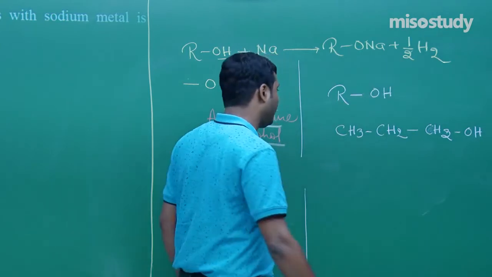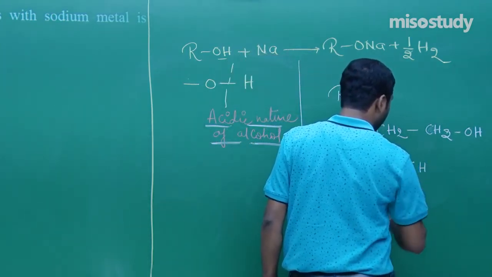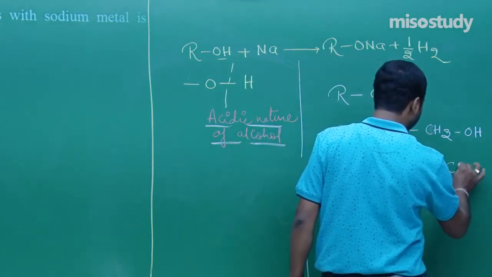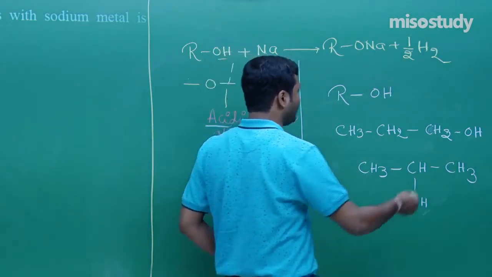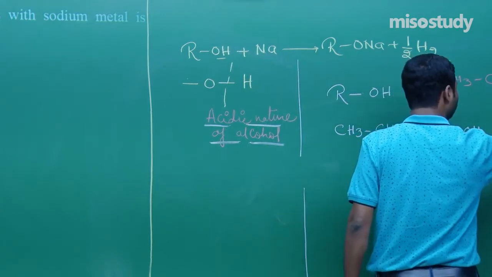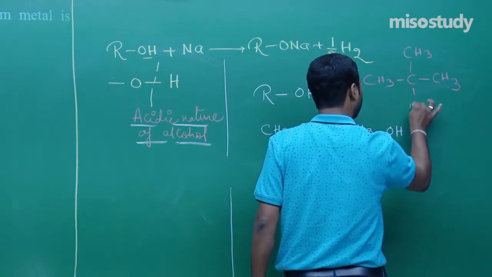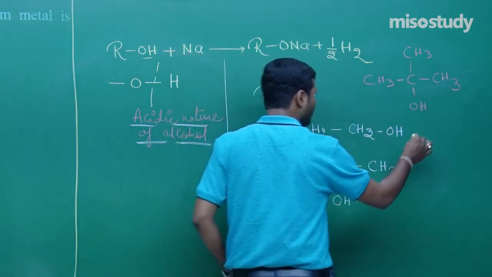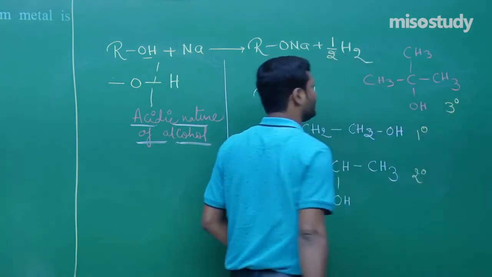Now if I take the next one, CH3 CH OH CH3. Now if I take here CH3, CH3, CH3 and here is OH, clear? Now as I'm looking, this one is 1 degree, this one is 2 degree, and this one is 3 degree.